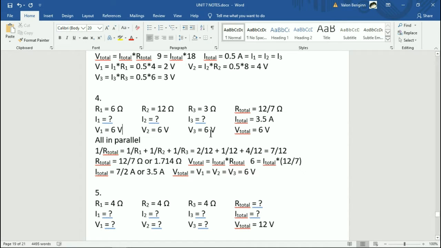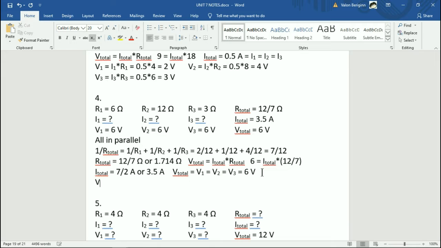All right. And then we can solve for the currents. V1 equals I1 times R1, which ends up being 6 equals I1 times 6. And everyone can agree that therefore I1 equals 1 amp. Okay, V2 equals I2 times R2.